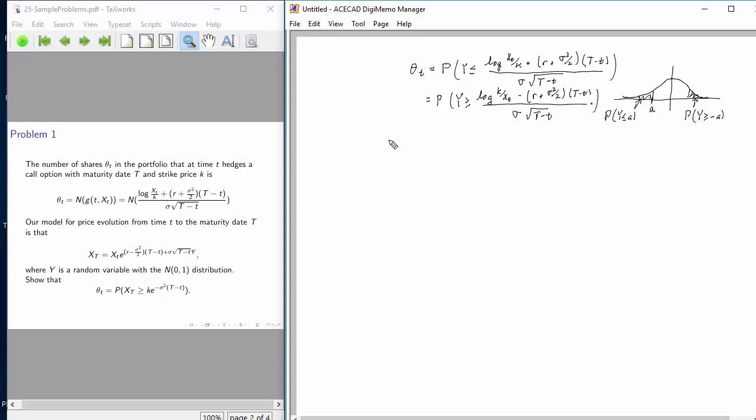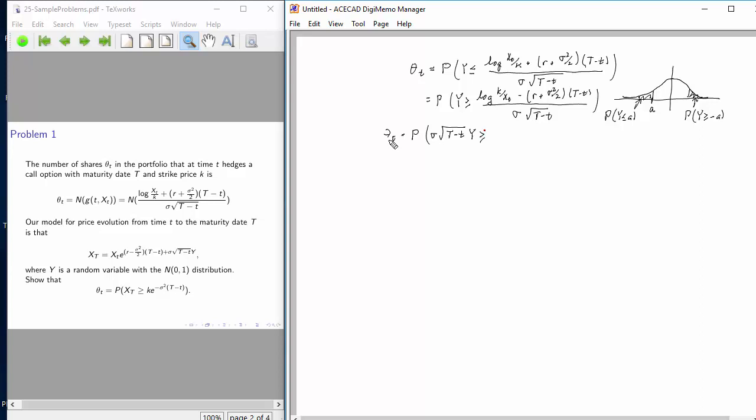Okay, now what we want to do is eventually to isolate the share price at maturity on the left-hand side. And as a first step in accomplishing that, what I'm going to do is multiply through both sides of the inequality by this positive quantity, sigma times the square root of capital T minus little t.